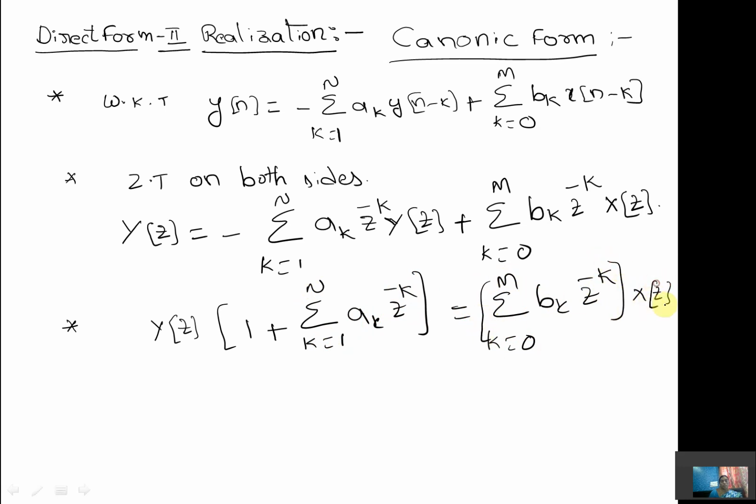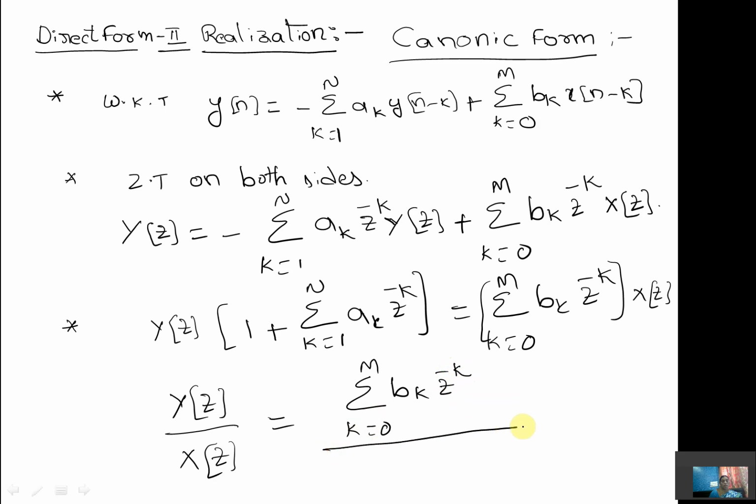X of z is independent of the summation k value, y of z also. Now take the ratio y of z by x of z, that is summation k 0 to m bk z power minus k divided by 1 plus summation k 1 to n ak z power minus k.